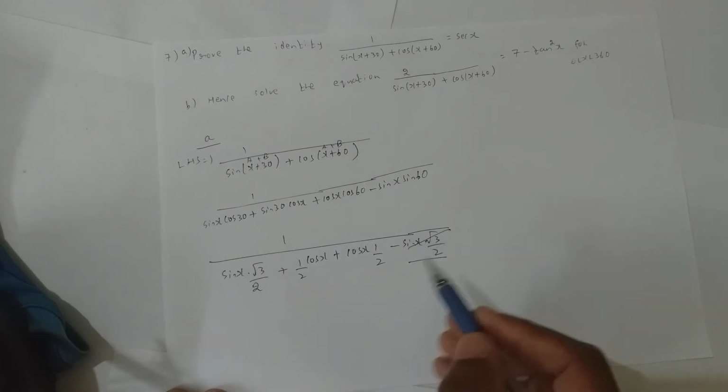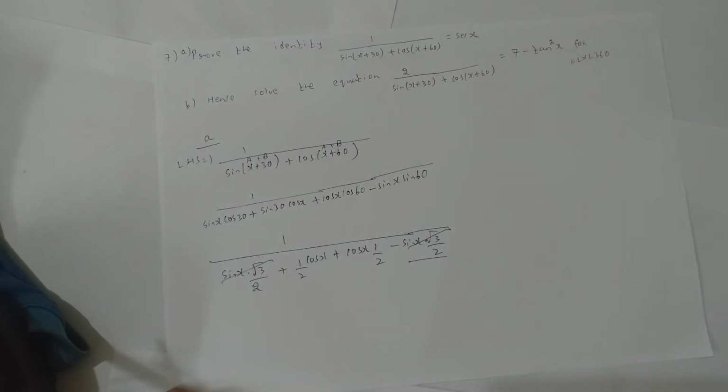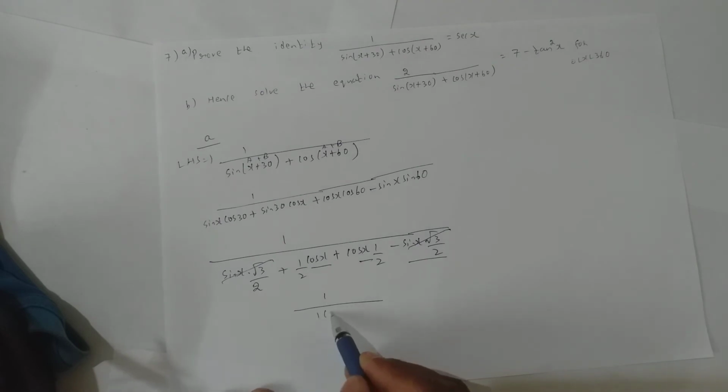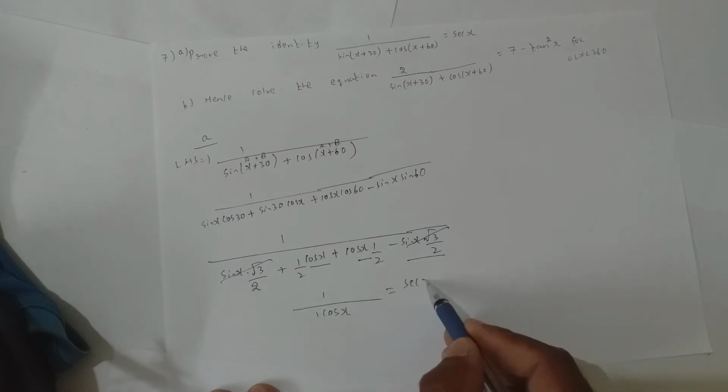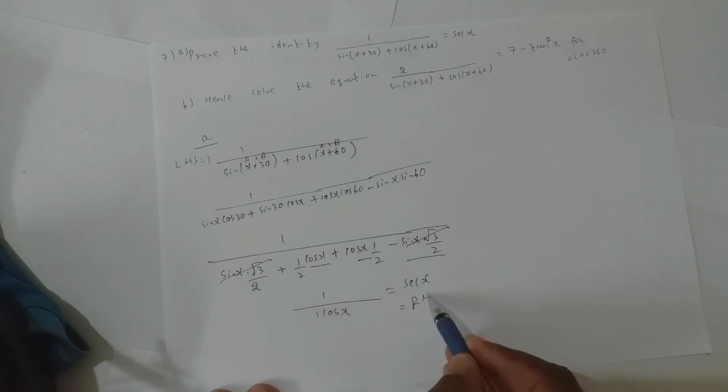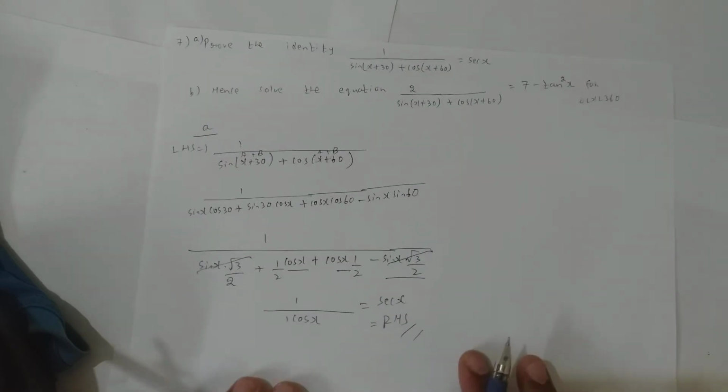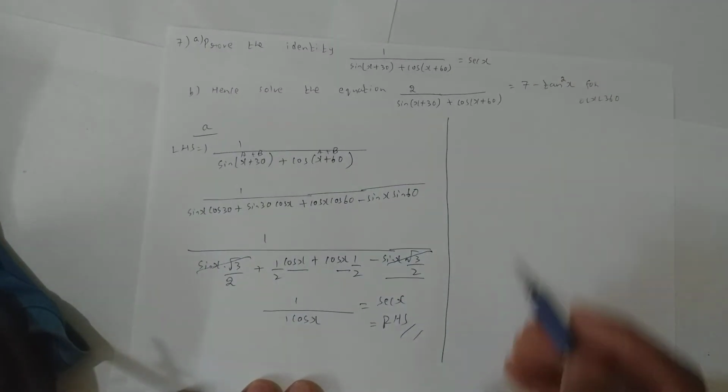Root 3 by 2 sin x, root 3 by 2 sin x gets cancelled. So 1 by. Here these two are like terms. So half plus half result in 1 cos x. So 1 by cos x is secant x, which is my RHS. Clear? Good. Now let us look at the next one, B1.